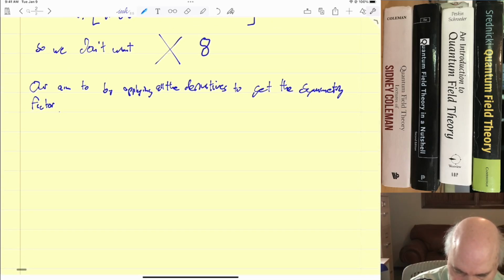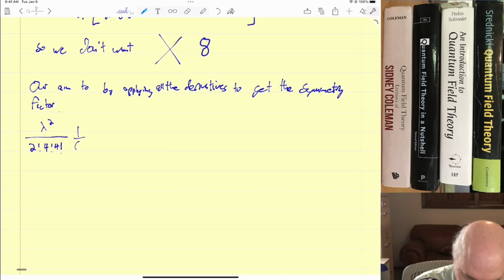So let's tidy up our initial expression. We have lambda squared, 2 factorial, 4 factorial, 4 factorial, 1 over 6 factorial, 1/2 to the 6th.